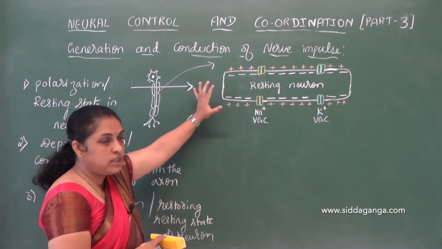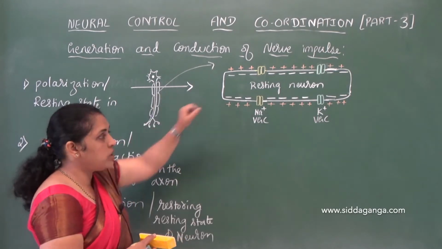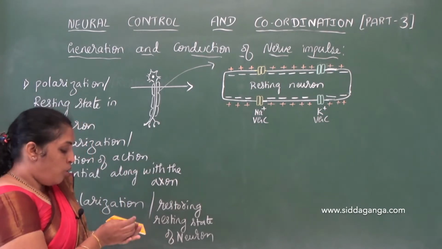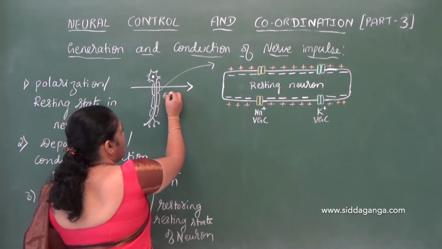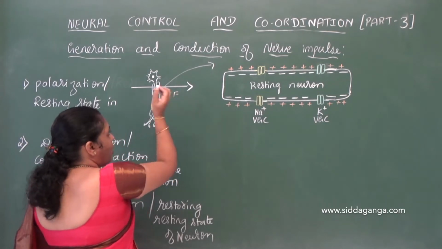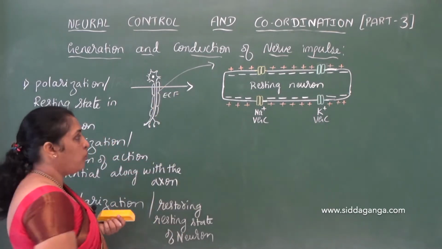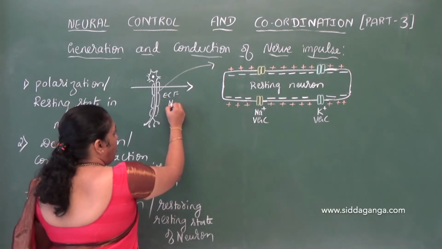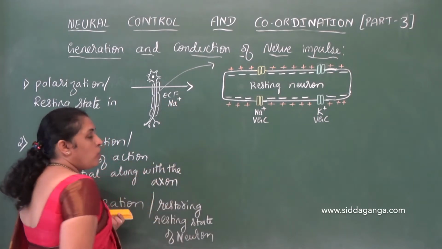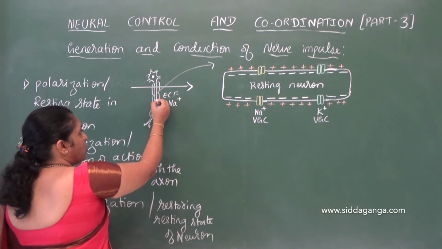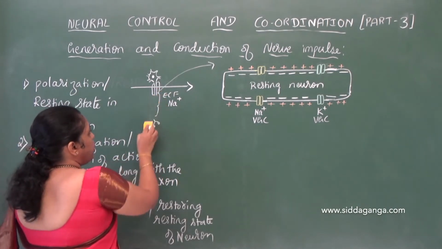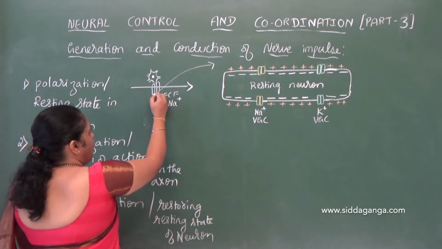When neurons are at rest, outside the axon, that is in the extracellular fluid, sodium ion concentration will be more. Inside the axon, potassium ion concentration will be more.